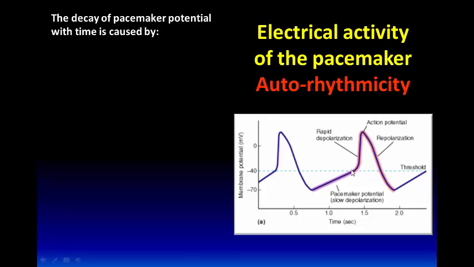When it reaches threshold, an action potential is fired spontaneously. The type of this action potential is a slow action potential. This action potential is conducted through the conduction system and also from cell to cell through the gap junctions in the intercalated discs, and excites the myocytes to contract.